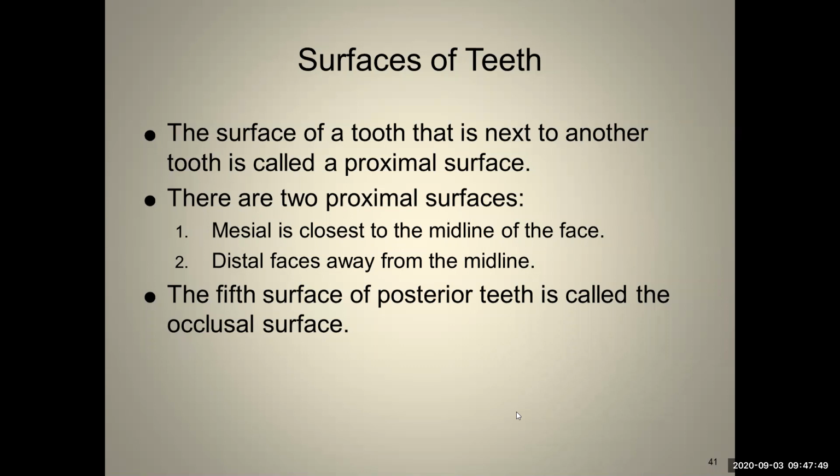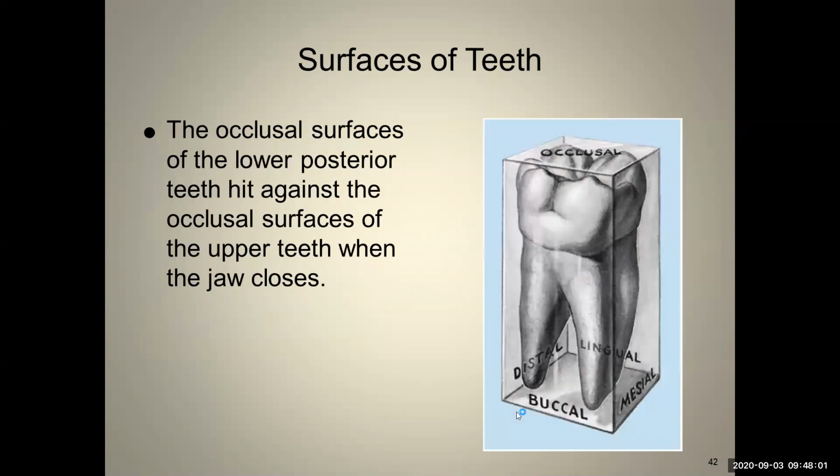The fifth surface of the posterior tooth is called the occlusal surface. An anterior tooth has a ridge. The occlusal surface is more flat. It's the table of a tooth. So the occlusal surfaces of the mandibular posterior teeth hit against the occlusal surfaces of the maxillary posterior teeth when the jaw closes.